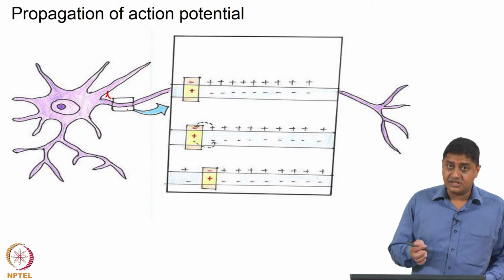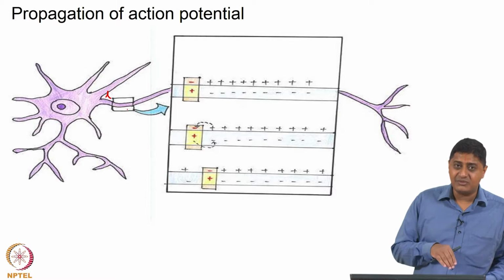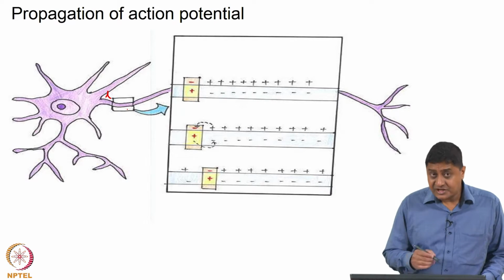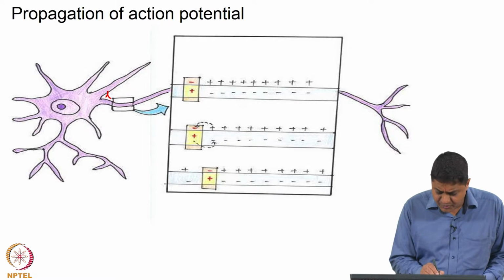An action potential causes a transient, brief depolarization sufficient to take the inside of the membrane more positive. This is what we saw in the previous class. An action potential essentially affects a very small region of the membrane, like that region.